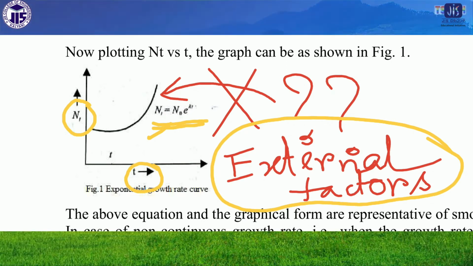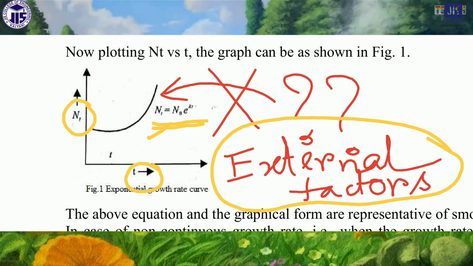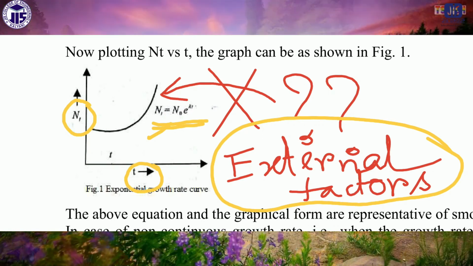Then there are so many other things also included, like the economic growth of this particular area, and the lifestyle of the general people of that area. So there are so many external factors which control the population growth.